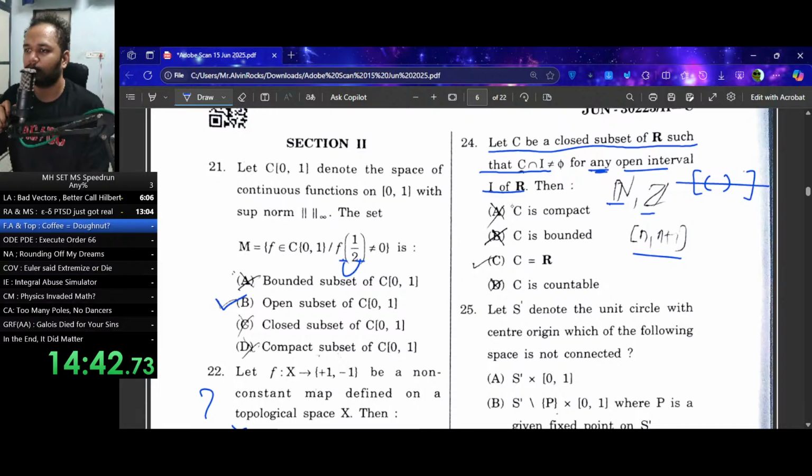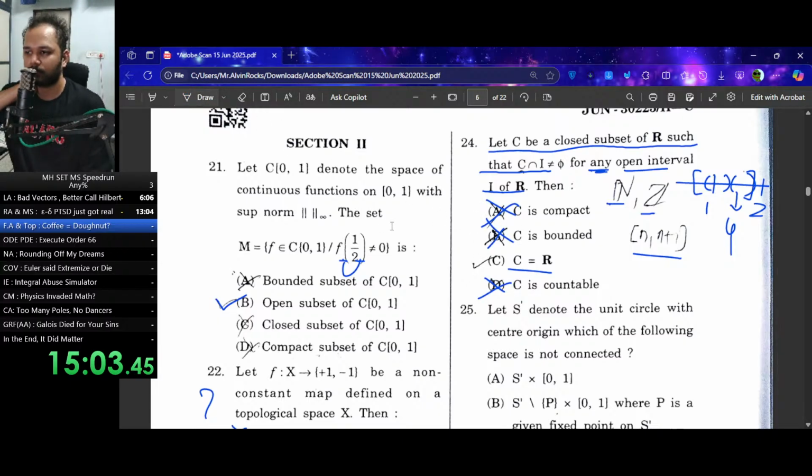So you cannot take closed intervals, you cannot take natural numbers, because a natural number set is discrete; if you just take this, then it is empty. Same for integers. So that's why we must forcefully take C equal to R, which is not countable, not bounded, not compact.